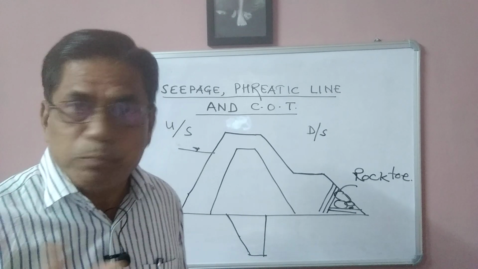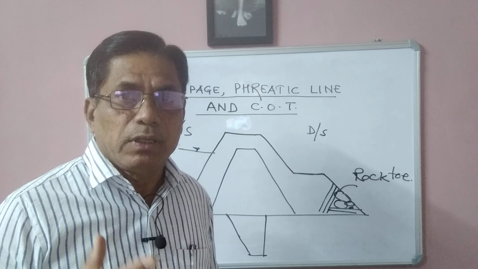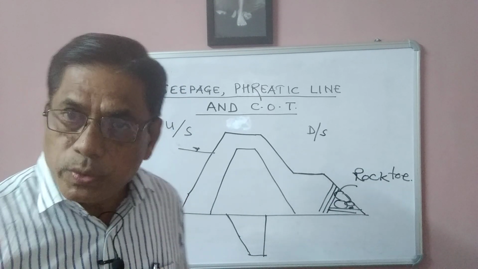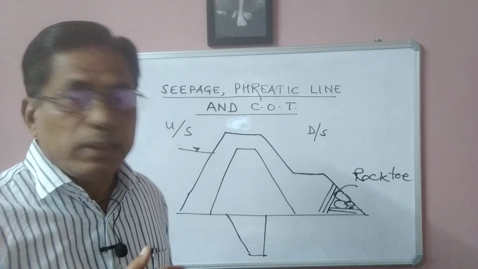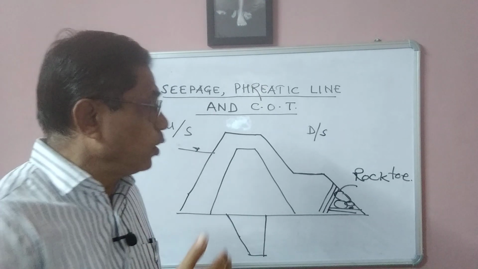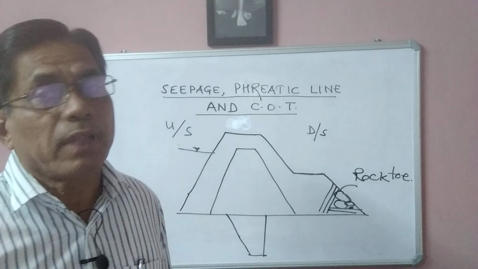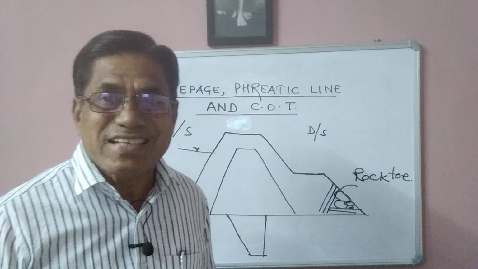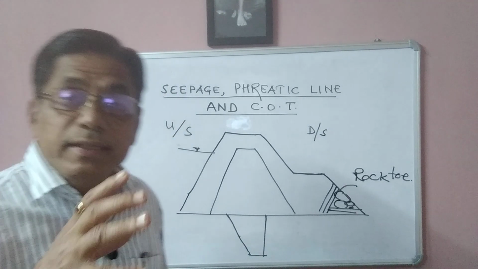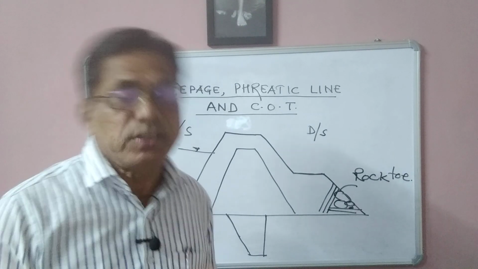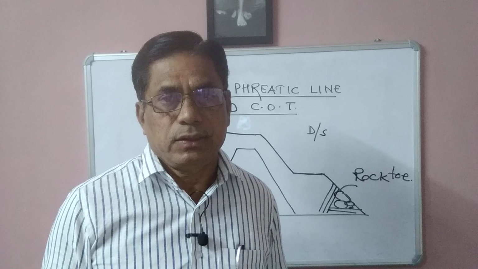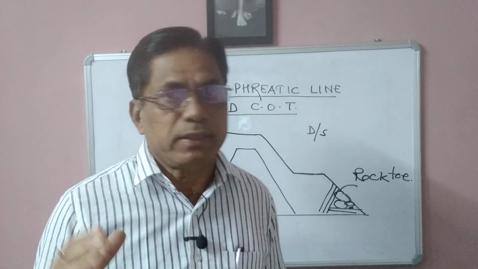These are the three main problems: the piping through the dam body as well as through the foundation, then the instability of the slope and the heaving, and third is the excess loss of water. So these are the three problems, and therefore it is necessary to prevent the seepage.